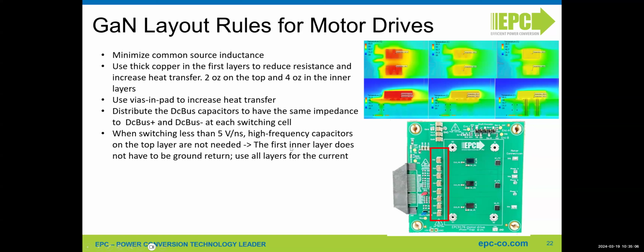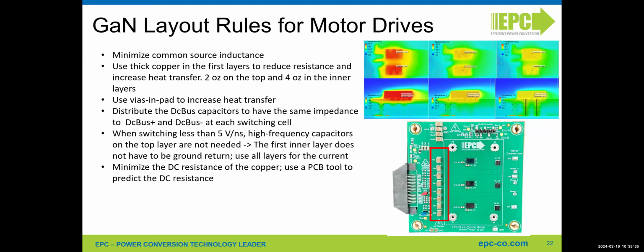Another important thing, which is different from DC-DC, is that the first inner layer does not need to be a ground return. Use all layers for the current and for the heat. The other important thing is you need to minimize the DC resistance of the copper. And how can you assess the DC resistance? It's better to use a tool that can be used to predict the DC resistance.